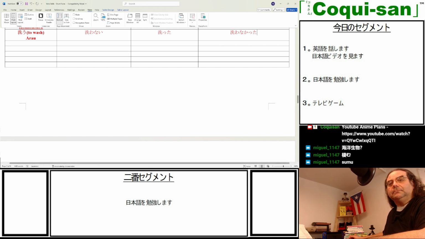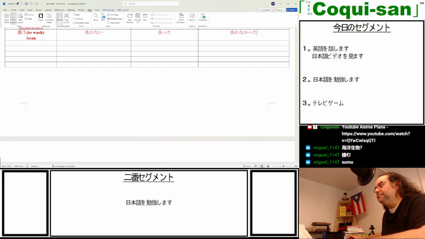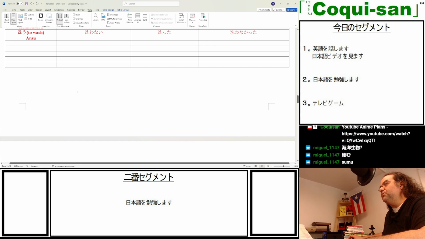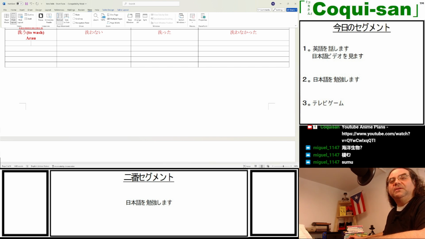Okay. That's what was throwing me off, because I was going aranai, A-R-A, but the u becomes wa in this instance here. So it was arawanai. So I was throwing myself off there.